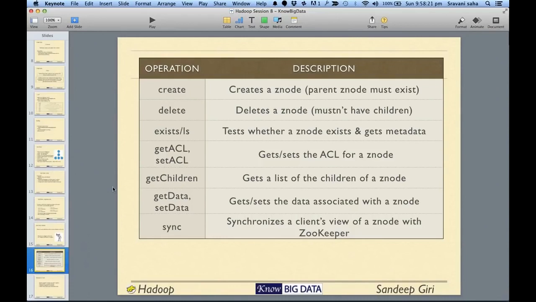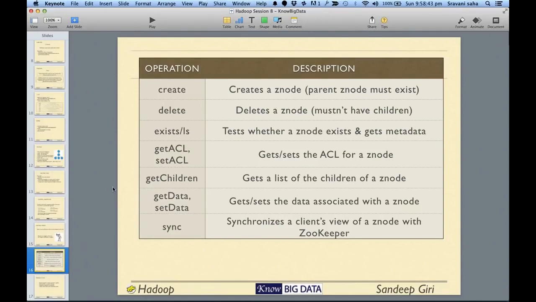And every znode, because this is a shared service, there will be many kinds of services talking to Zookeeper, and that is why Zookeeper provides you access control for everything, authentication as well as access control.